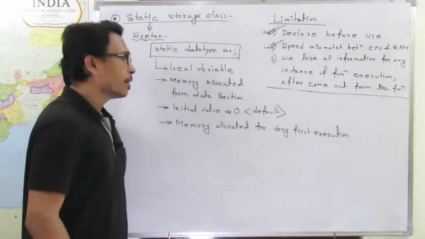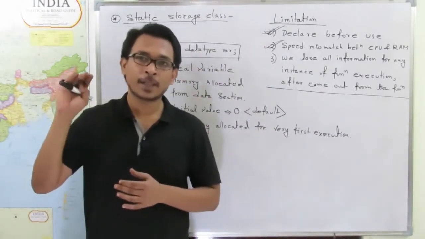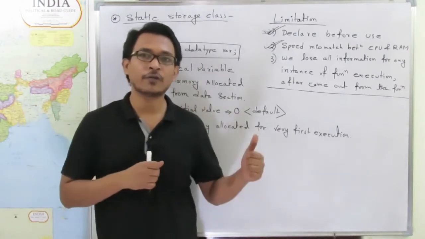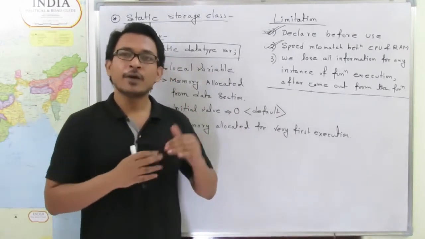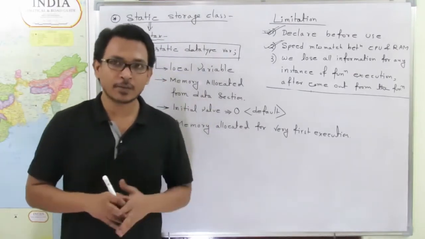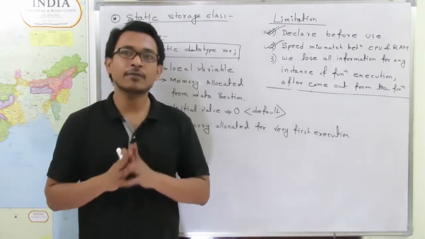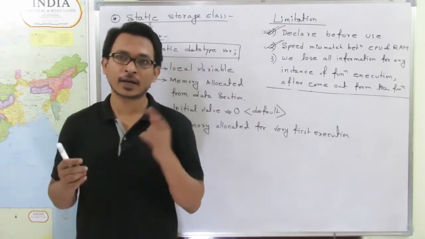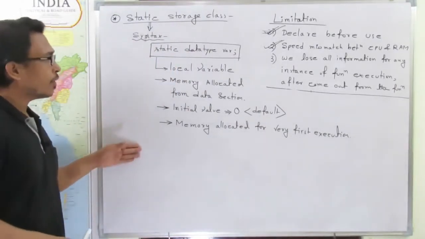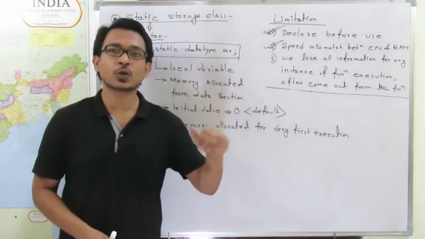Before allocating the memory, the system will search the data section to check whether memory is already allocated to the variable or not. If memory is already allocated to the static variable, the system will no longer allocate memory for the static variable. Clear? So this is the scenario of static storage class.